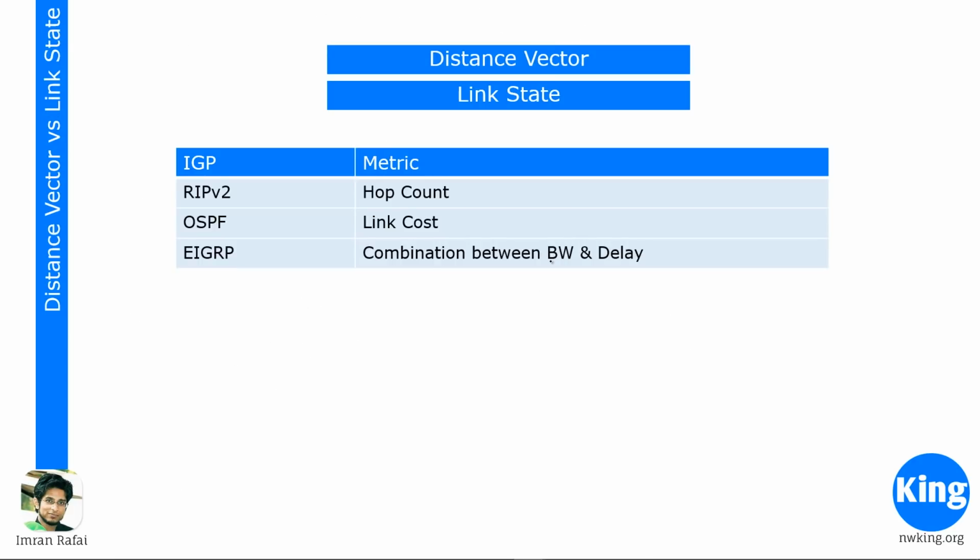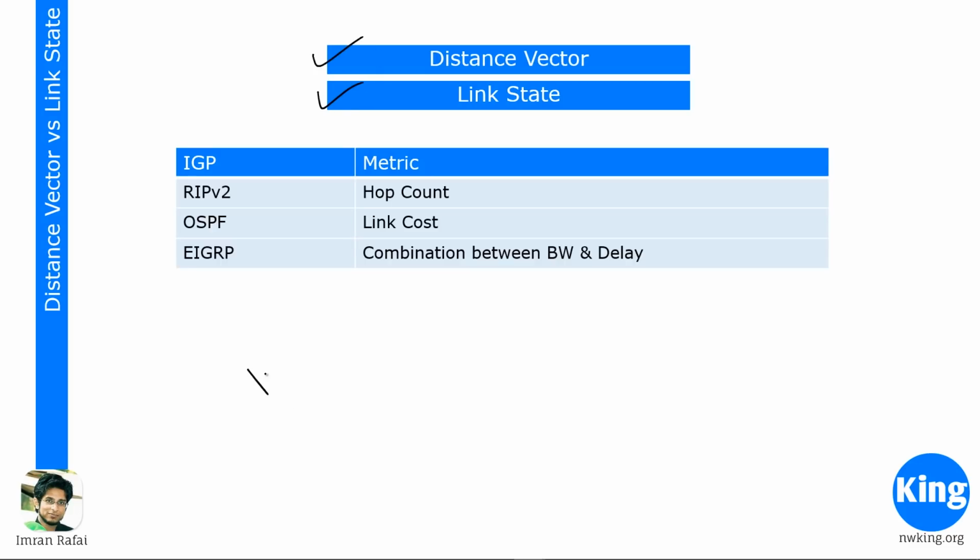The next two terms you need to understand are distance vector and link state. These are the two types of routing protocols. There are two types of interior gateway protocols: one is distance vector, and the other is link state.